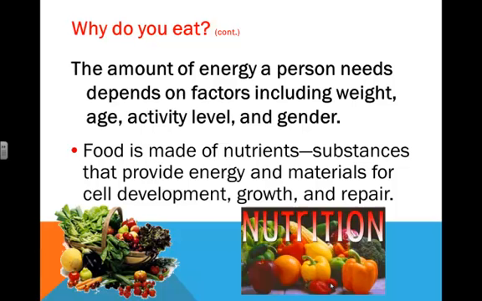So a lot of the glucose that comes from our food goes to the mitochondria to produce the energy, the ATP molecules, that is the usable energy by the cells. But it's also needed for some other things in our body as well. So food is made up of these nutrients, the substances that provide energy and the materials for cell development, growth, and repair. So those are some other uses for these nutrients.